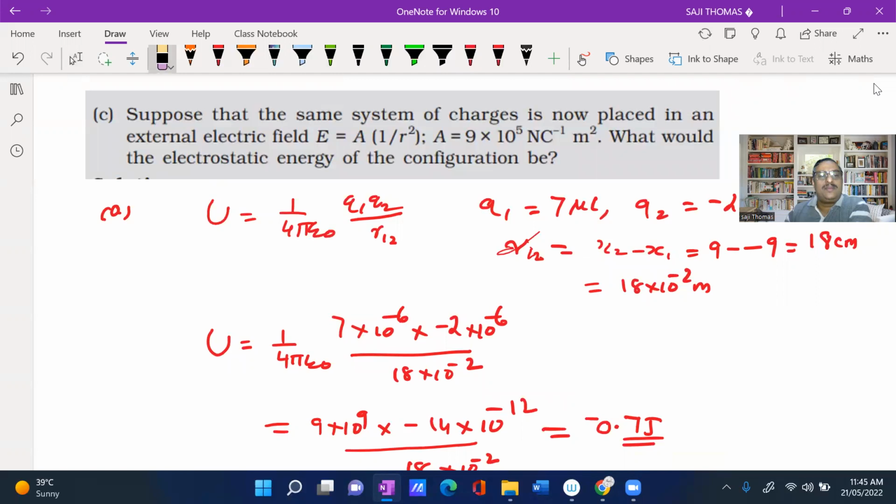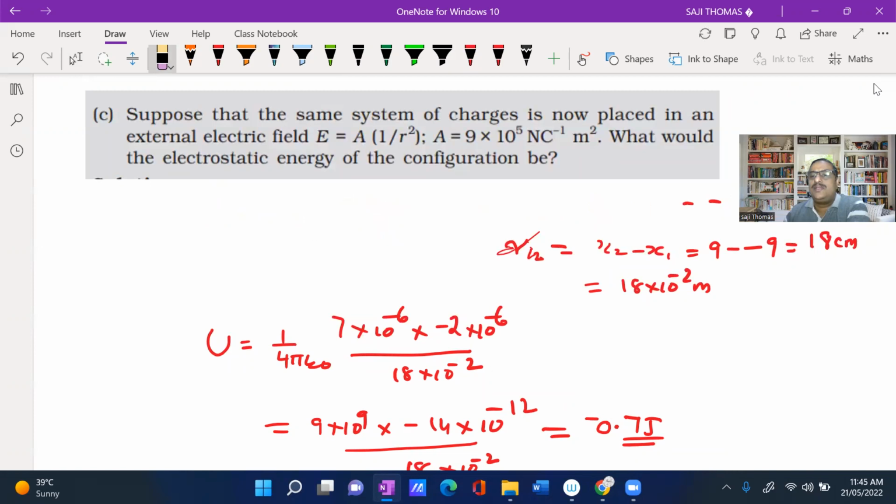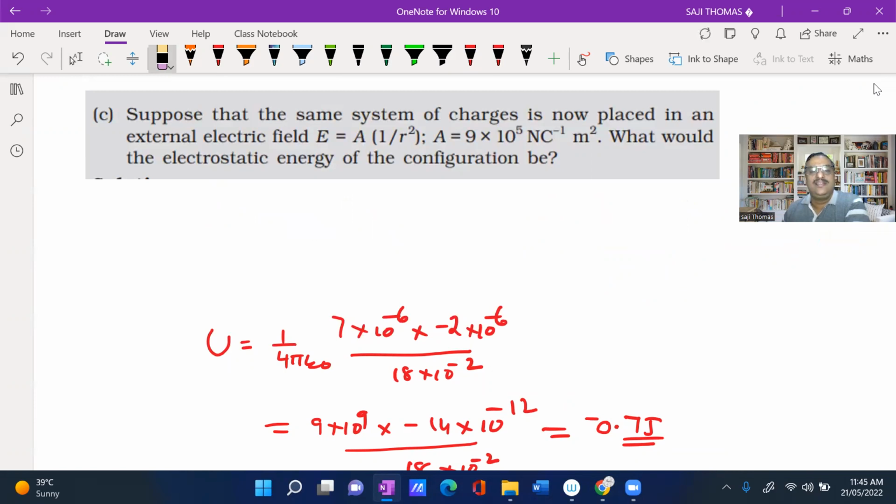So now we are keeping it in an external field. We learned the equation for the potential energy of a system of two charges in an external field. We know the equation. What is the equation?